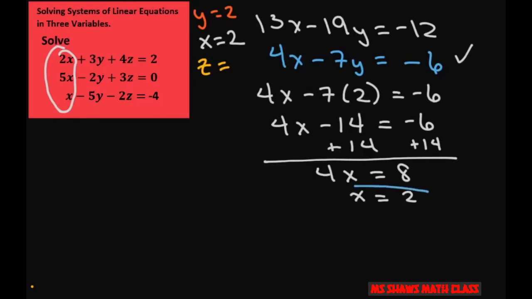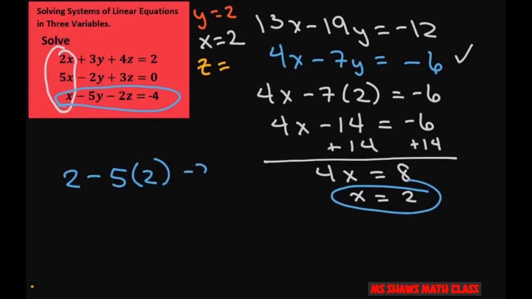So we had x equals 2, and now I'm going to plug it into this one here. So we have 2 minus 5 times 2 minus 2z equals negative 4, and I'm solving for z. So we have 2 minus 10 minus 2z equals negative 4.